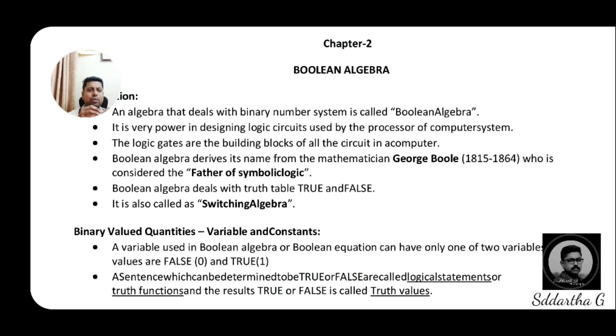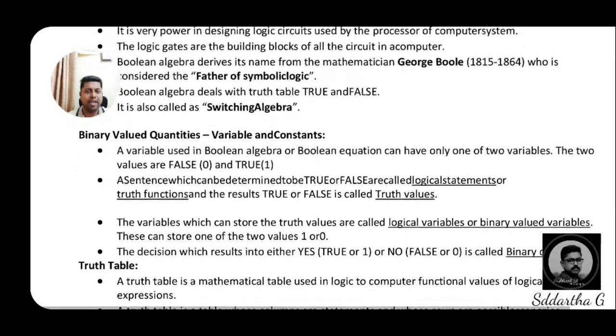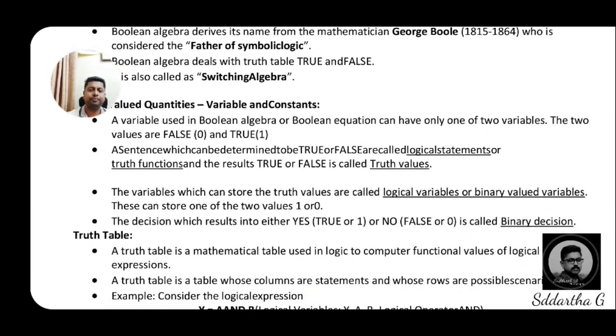This will also be very clear for solving the problems, because here we will get some charts and tables. So this is enough for the introduction. Now if we directly move to the concept of this chapter, binary valued quantities, variables and constants.